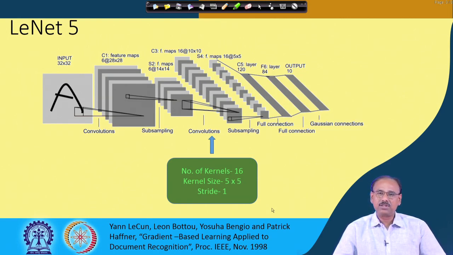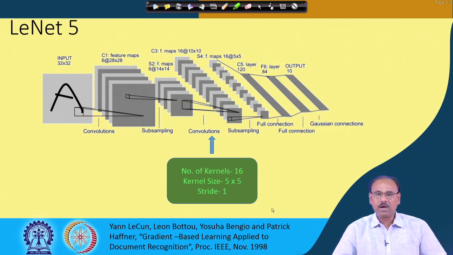Every kernel is of size 5 by 5 and stride is equal to 1. So you find that from 6 feature maps you are making 16 different feature maps. Obviously for that we need 16 kernels, right? And coming to the size of each of the 16 feature maps, again following the same equations, you can find the size will be 10 by 10.